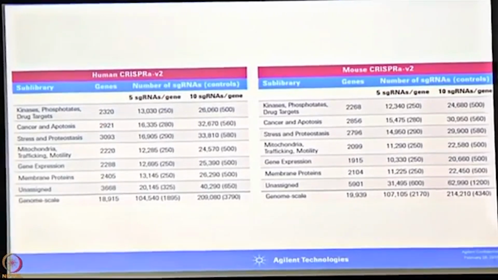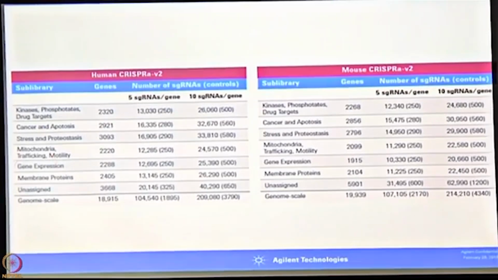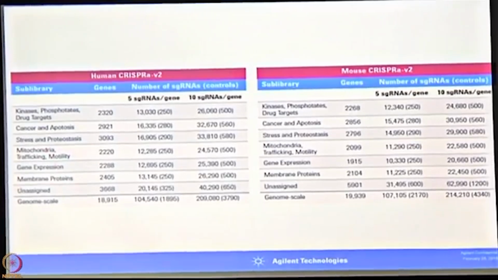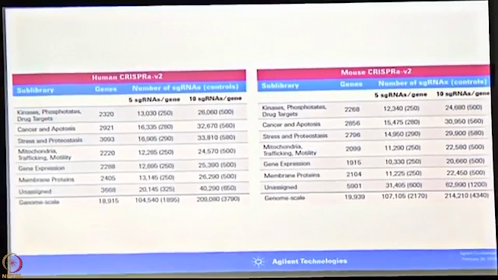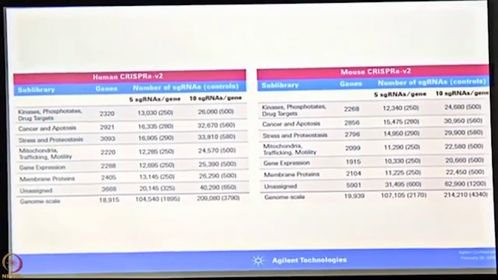We already have some, and there are multiple panels like mitochondria, gene expression, protein membrane. These are the panels we already made and cataloged. You can use those, but again how it's going to work and how it's going to be screened is a little difficult task.